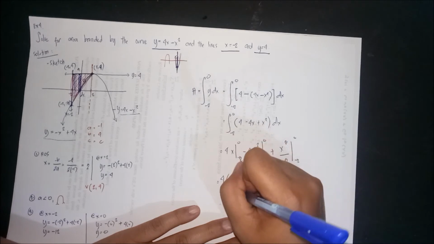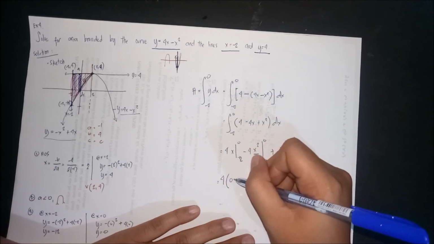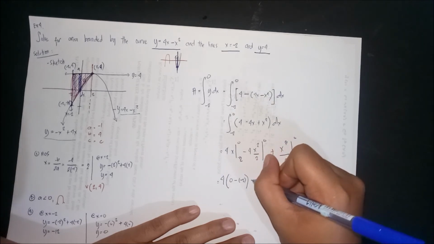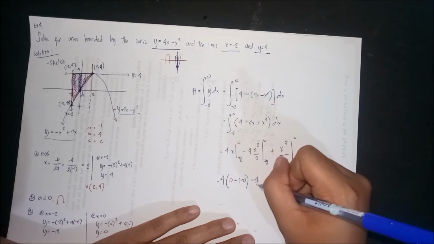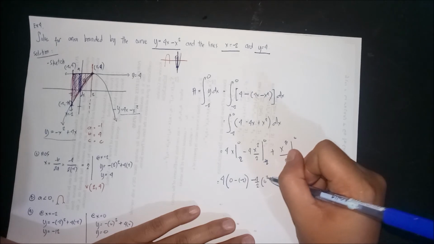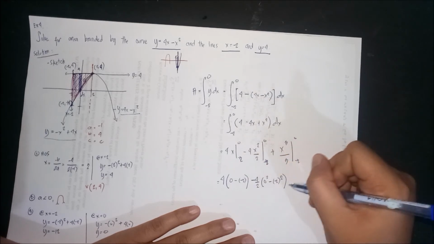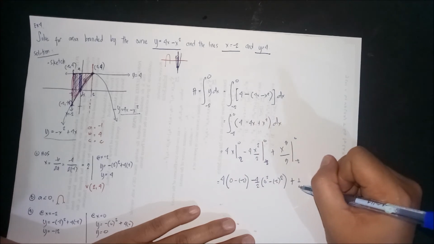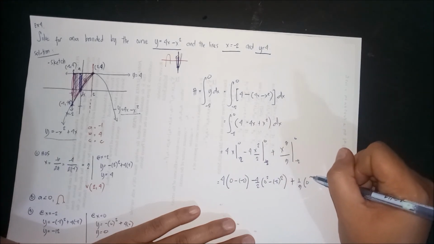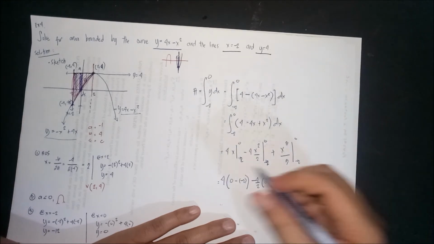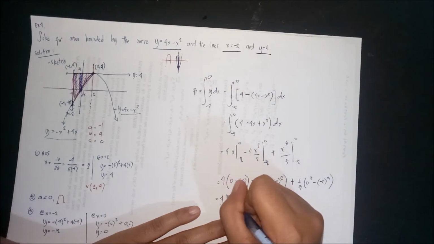This is 4 times upper class is 0 minus yung lower negative 2, minus 4 over 2 upper 0 squared minus yung lower negative 2 squared plus 1/3 upper 0 cubed minus yung lower negative 2 cubed.